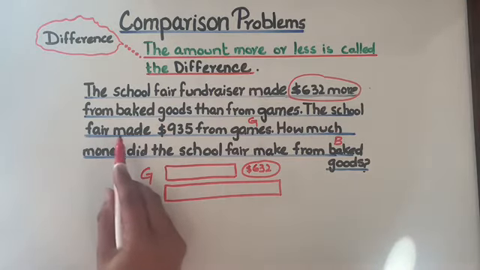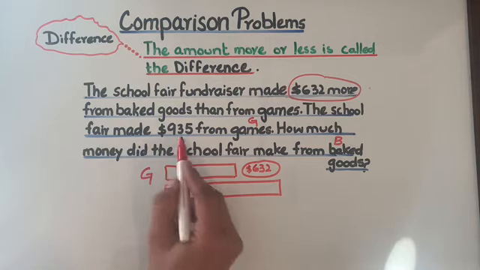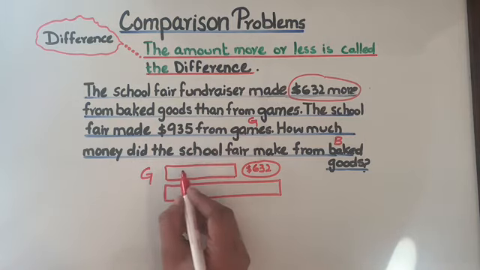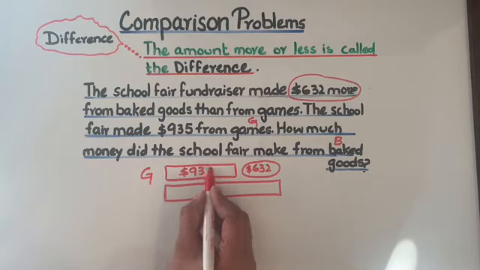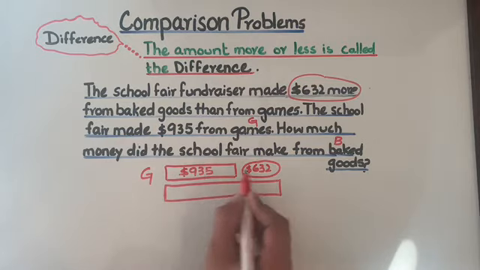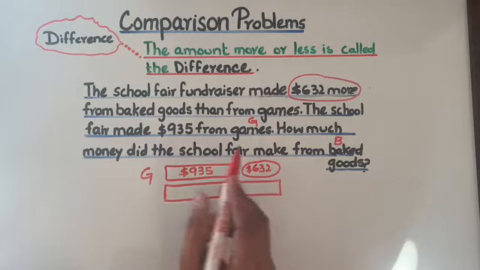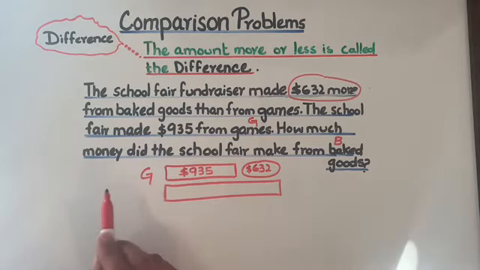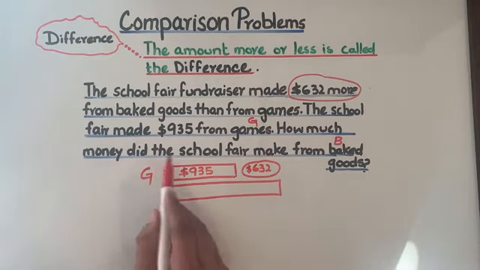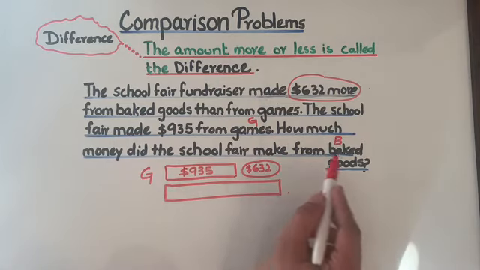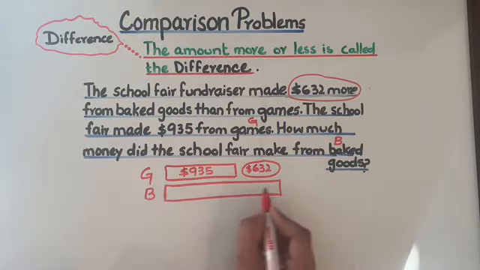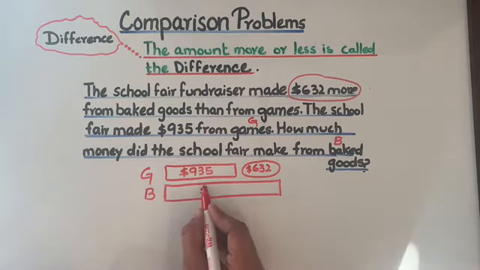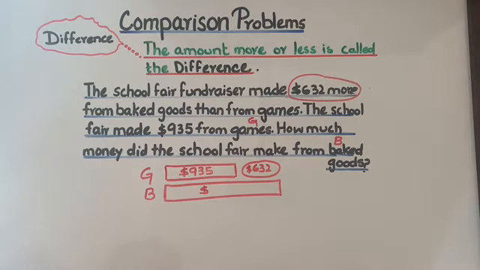And the school fair made $935 from games. So here we have the amount for this bar, $935. Now what we have to find: how much money did the school fair make from baked goods? So this bar is for baked goods, and we have to find this whole amount.